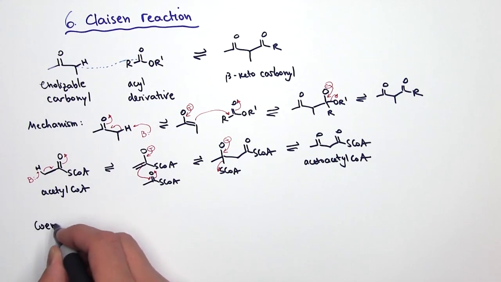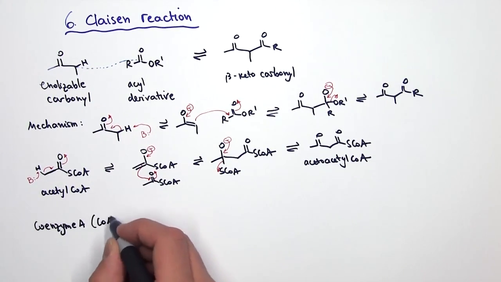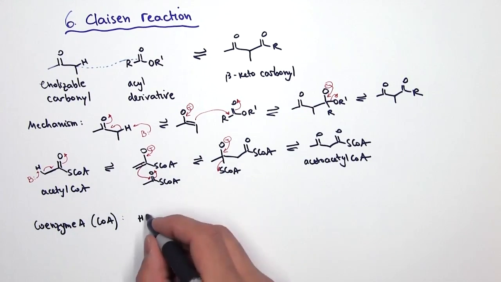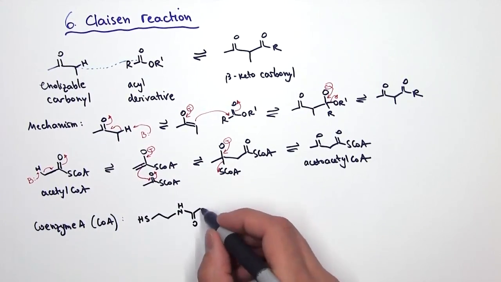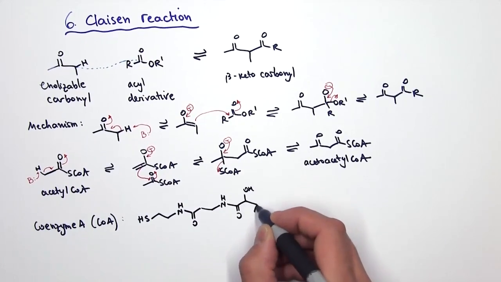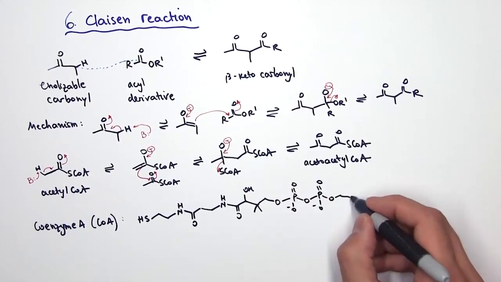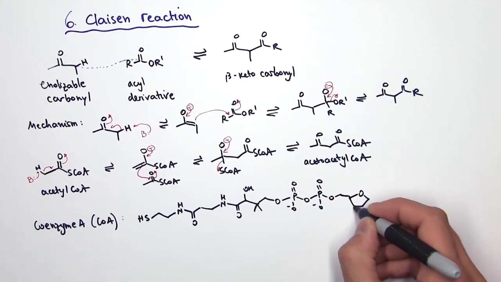Now, what is coenzyme A? Often abbreviated CoA. We mentioned it's a thiol. That means it has an SH group, which it turns out is on a very long linker.